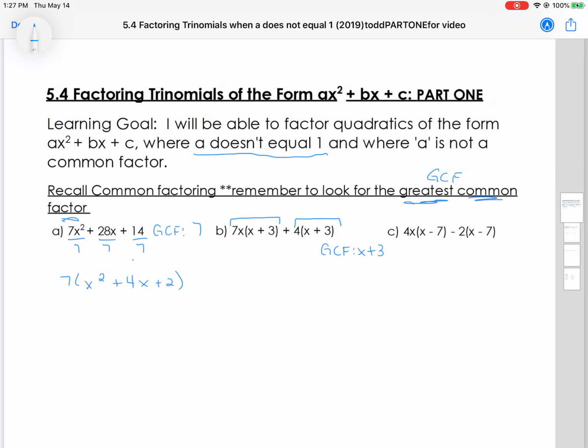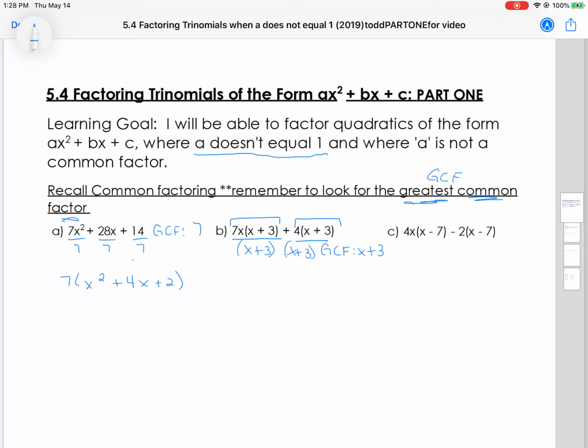That's a possibility, and you'll see next year in grade 11, using factored form and having a common factor that has a variable in it is going to be one of the skills that you need and will use again. We can still think of it the same way we've been doing with common factors. In A, we divided by 7, our greatest common factor. So I'm going to divide by x plus 3 because that's the greatest common factor.